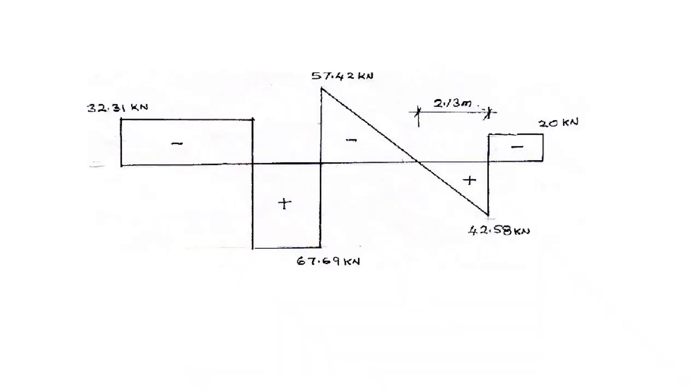Similarly, based on the reactions, you can plot the shear force also. RA is 32.31, here a 100 kilonewton load is acting, so 100 minus 32 becomes 67, right? Again at the RB support, you deduct the reaction and plot the shear force for the remaining span.